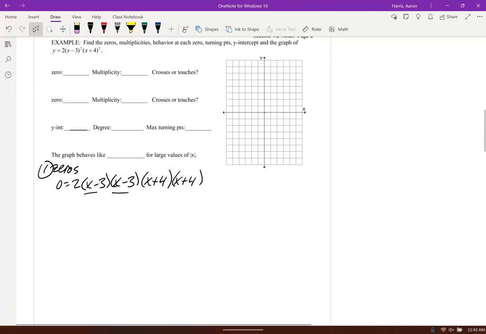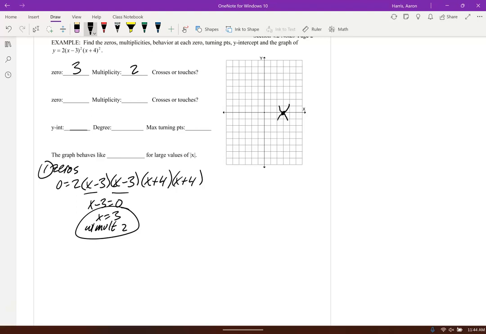So I'm going to say I have a 0 at 3 with multiplicity of 2. So does it cross or touch? Touch, yeah. So I know it's just going to touch it either from the top or it's just going to touch it from the bottom.